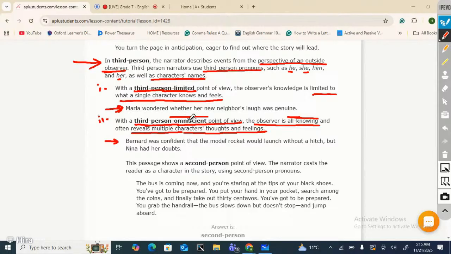So this third person point of view is omniscient, meaning the observer, the person who is narrating the story, knows every character and reveals the thoughts and feelings of multiple characters, as he knows about Bernard and Nina as well.